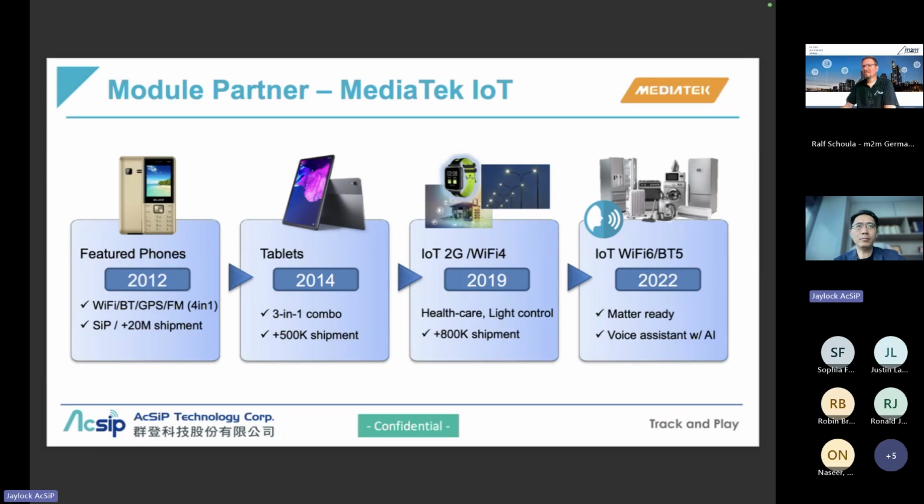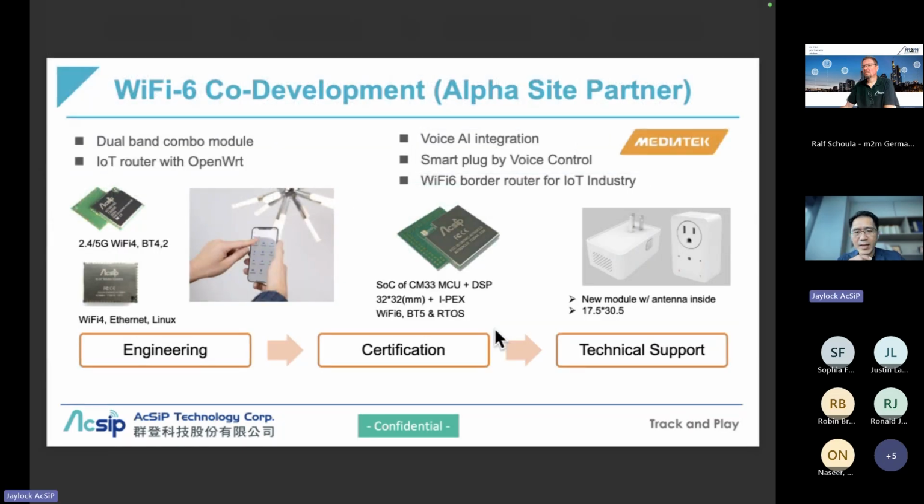So we were helping them to make the Wi-Fi and Bluetooth SiP package. Following the feature phone, we rolled into the tablet market, and then the Wi-Fi 4 IoT, and now the Wi-Fi 6 IoT. So we were the alpha site partner for MediaTek.